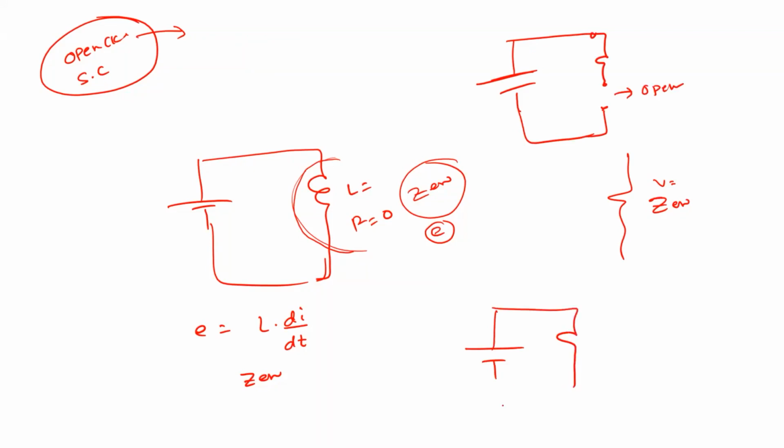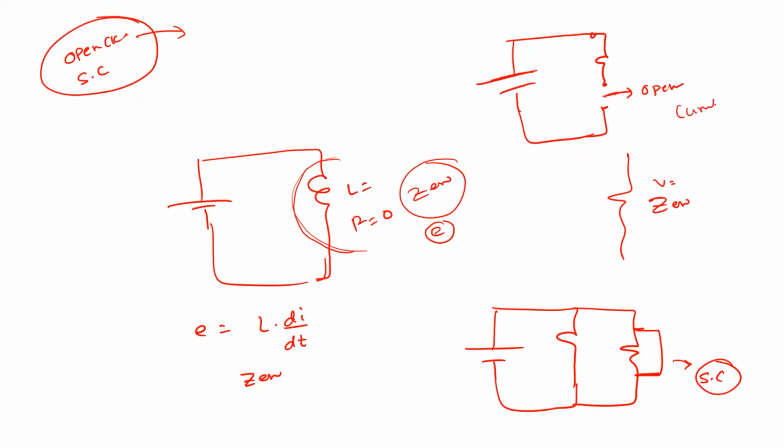Okay, so here the circuit is something like this. You have one resistor connected and the other resistor connected, and by mistake this resistor is shorted, so this is a short circuit, right? So remember, in an open circuit the current is 0.